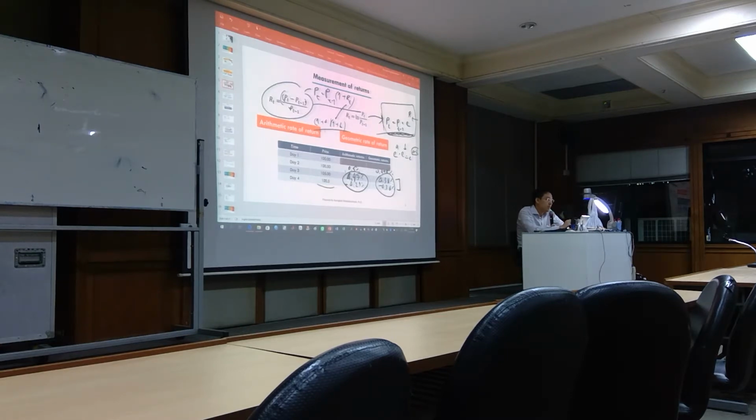It is equal to 1 plus A plus B plus AB. Oh, too long. So having the geometric rate of return gives a lot of good properties. You have symmetric rate of return, and maybe some easy calculation when you would like to prove something.